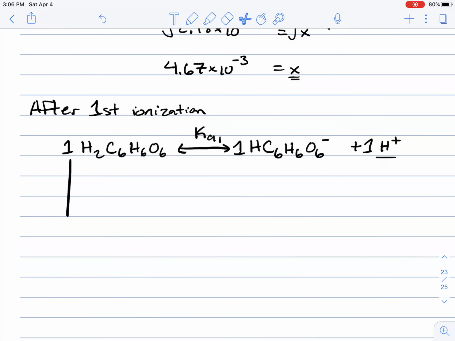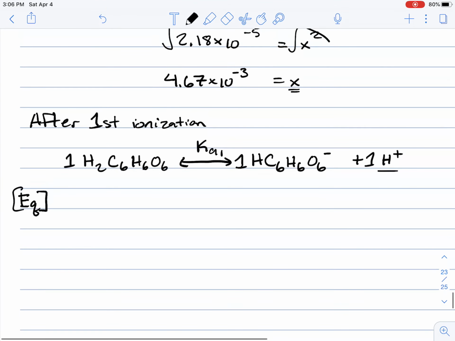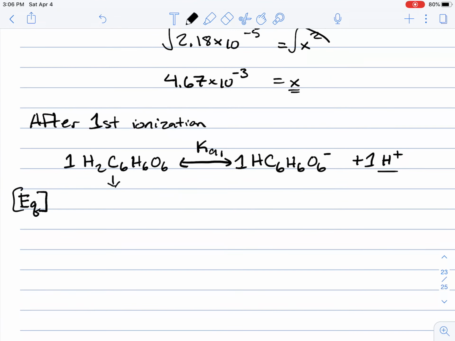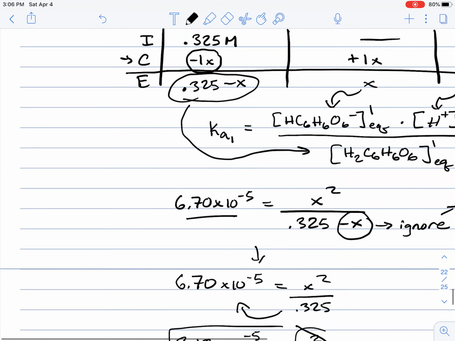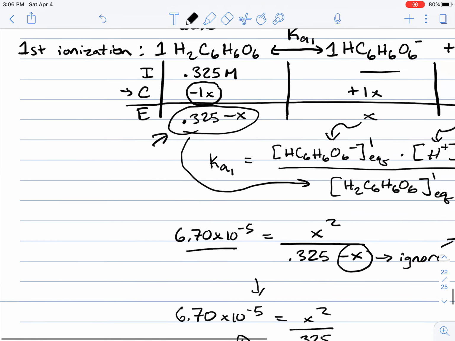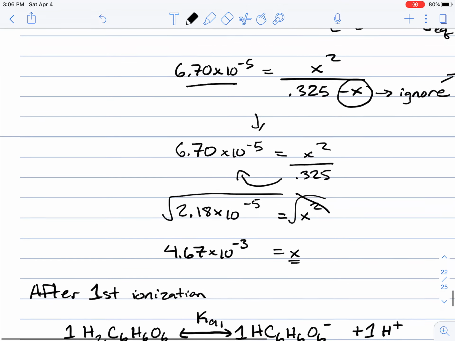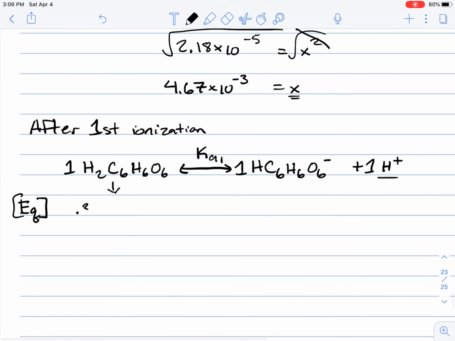So the equilibrium concentration of H2C6H6O6, ascorbic acid, is defined as 0.325 minus x. And since x is 4.67 times 10 to the negative 3, it's going to be 0.325 minus 4.67 times 10 to the negative 3.